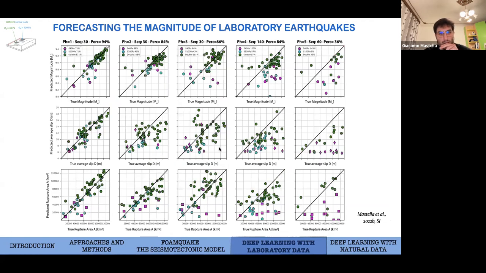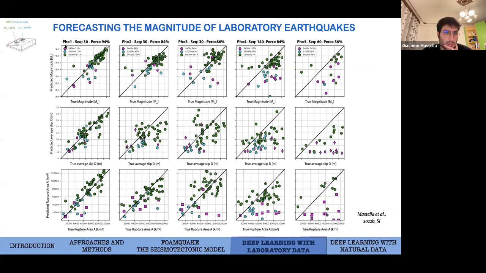And again, the same thing can be noticed in these subplots that instead represent the predicted magnitude versus the true magnitude, the predicted average slip versus the true average slip, and the predicted rupture area versus the true rupture areas for all the analog earthquakes generated by one FOAMQUAKE experiment.